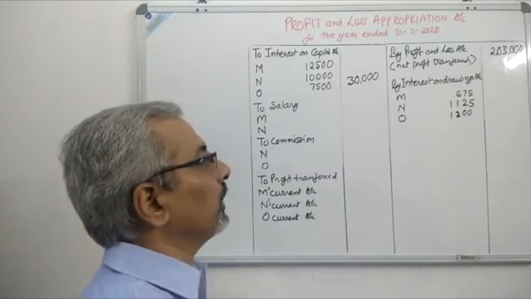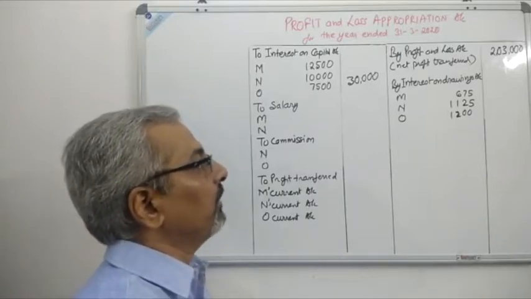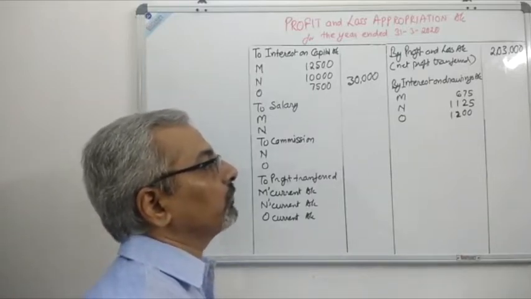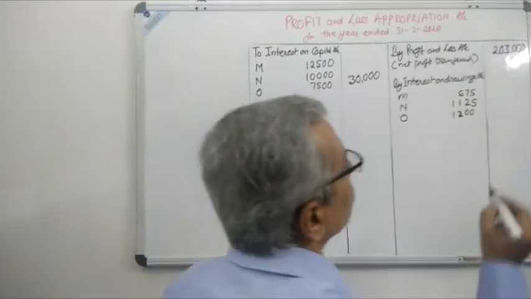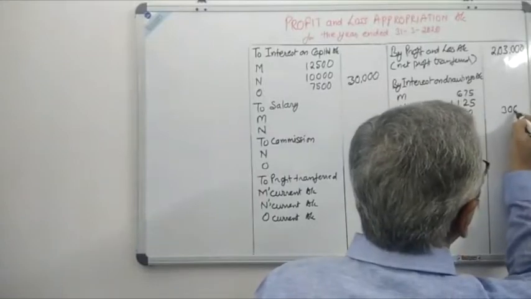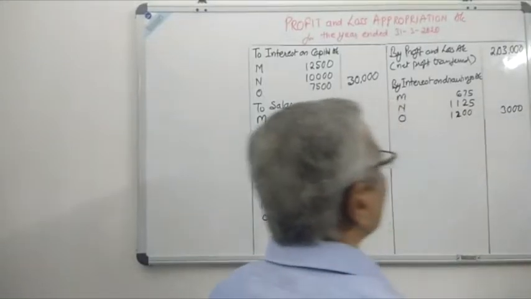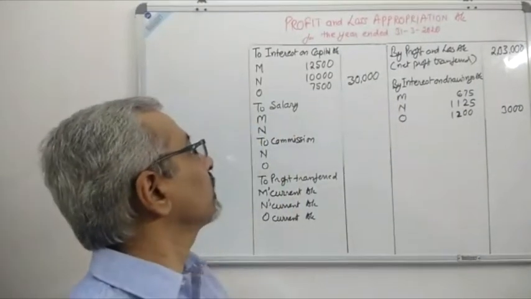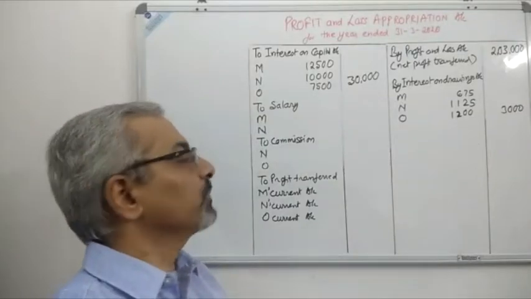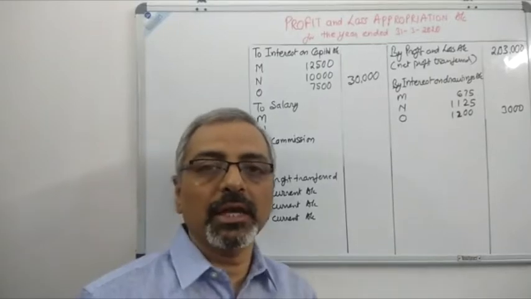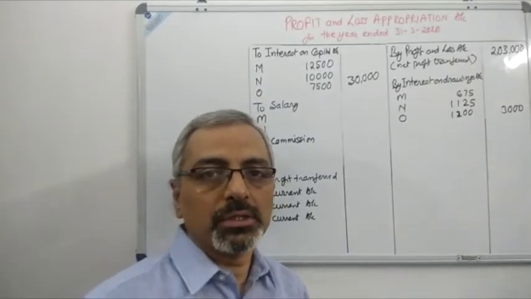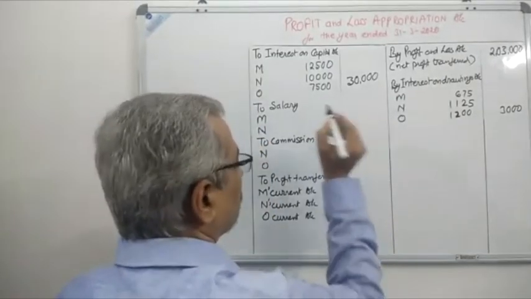If you see over here, M is 675, N is 1125, which adds up to 1800, and O is 1200. So the total is 3,000 over here. Apart from that, the question has also given us that M and N have been provided salary. M has been provided salary at 3,000 rupees per month, so the total salary of M will be 36,000.